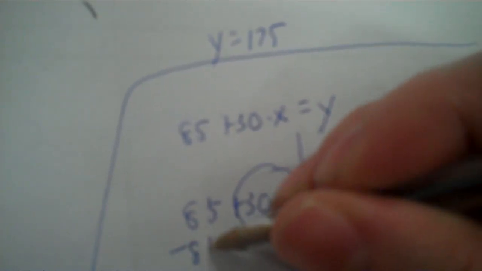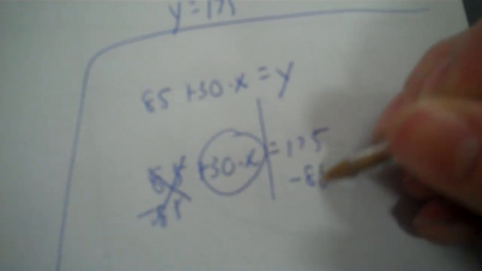Minus your 85, that's 90, divide by 30, and you get 3. Well, that one's pretty easy. You could have just gone up one more and been at 3, but whatever.